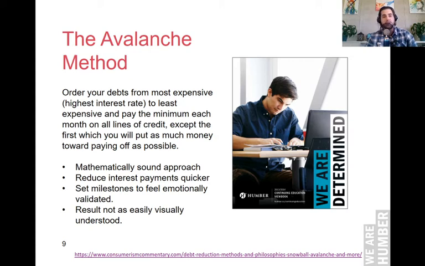So every $2,000 you pay off, you celebrate to yourself a little bit so that you are succeeding in your goal of making these payments and reducing your debt as quickly as possible. But again, the downsides are that the results aren't as easily visually understood. You may have three debts, like your OSAP, student line of credit, and credit card, existing for a longer period of time as opposed to getting rid of one entirely.